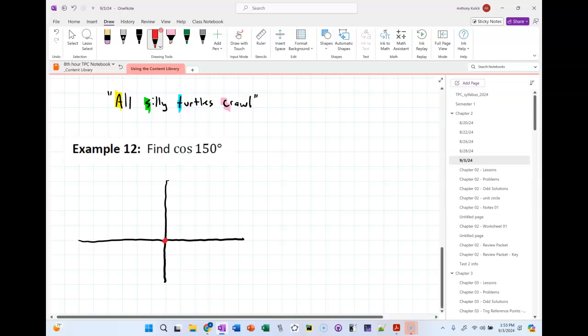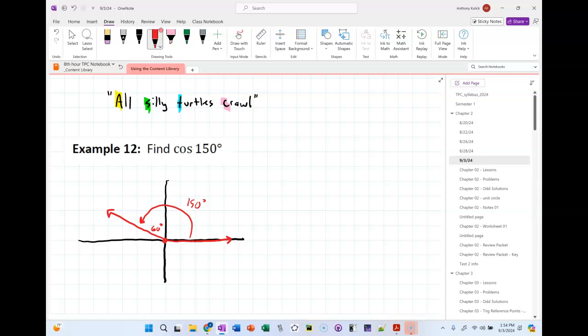So I've drawn my x-axis. I'll draw my initial side on the positive x-axis. To go 150 degrees, 90 degrees gets me through the first quadrant, and then 60 more. And since that part of the 150 is 60 degrees, what's the part underneath that angle?